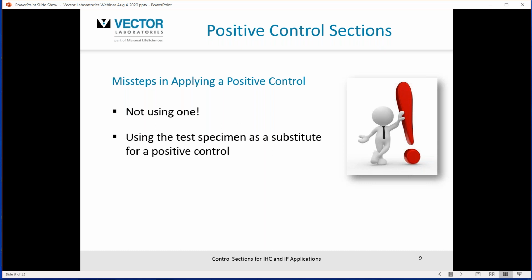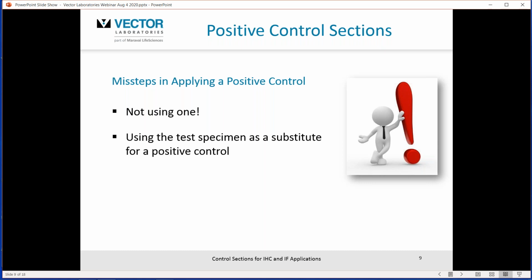The second bullet point I've got here is a lot of investigators really love to go out and try and find their results really quickly. Hey, let's see what staining we've got in this novel specimen, whatever it might be, and they use the test specimen as a substitute for the positive control. The argument I've got there is, while that's well and good, they may not be seeing the full extent of expression.